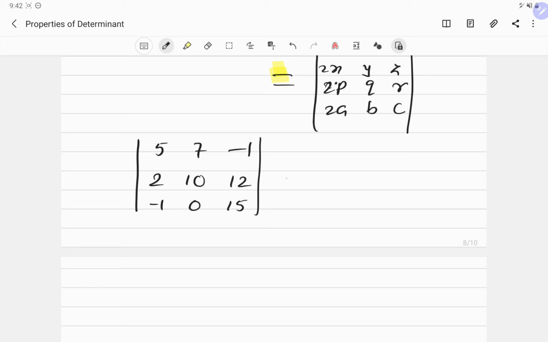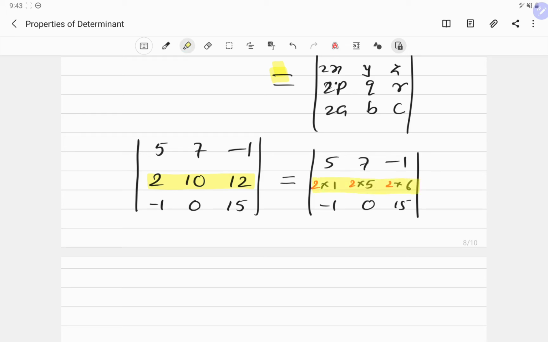Now what is your observation, friends? If you observe the second row, something is common, that is nothing but 2. So it's 5, 7, minus 1. This 2 we can express as 2 into 1, 10 we can express as 2 into 5, and 12 we can express as 2 into 6, keeping the third row as it is. Now if you observe, this 2 is common in each and every element of the second row.